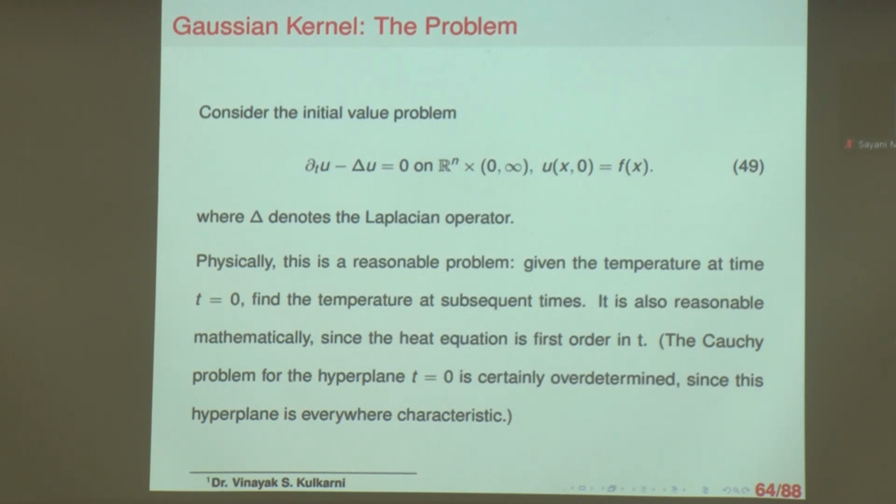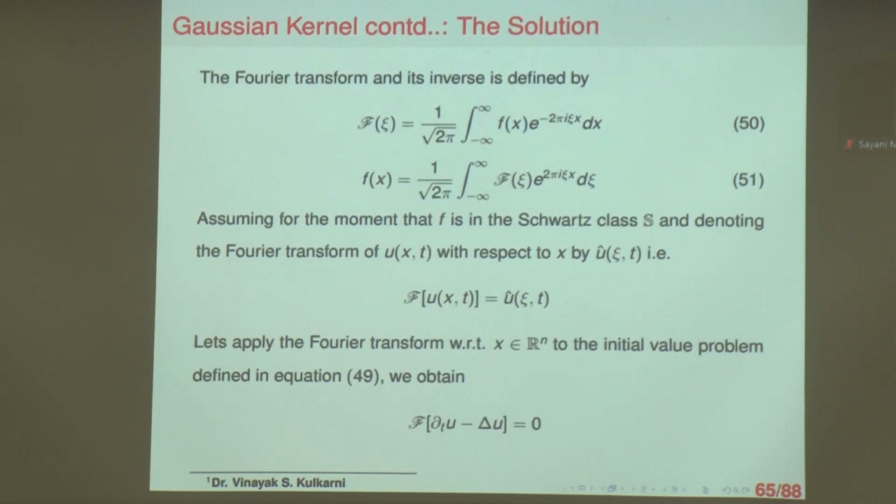Our aim is, again, this problem is subjected to a non-zero initial condition that u of x,0 is f of x. Again, as the domain under consideration here is an infinite domain, I will use the Fourier transform and its inverse.